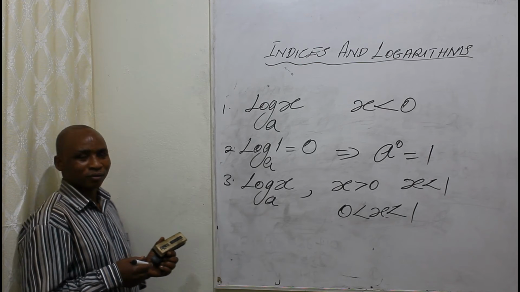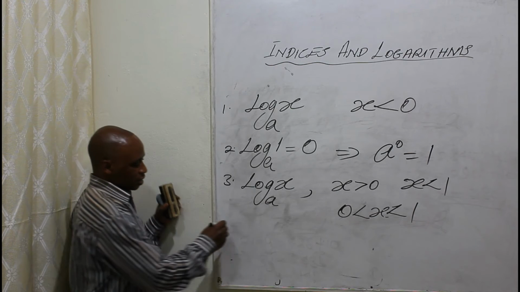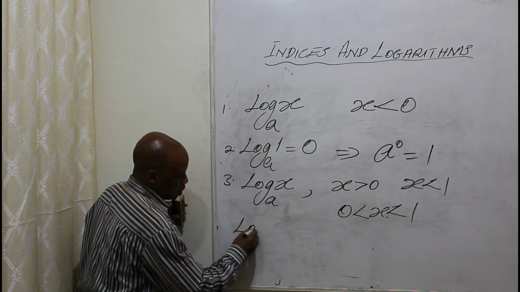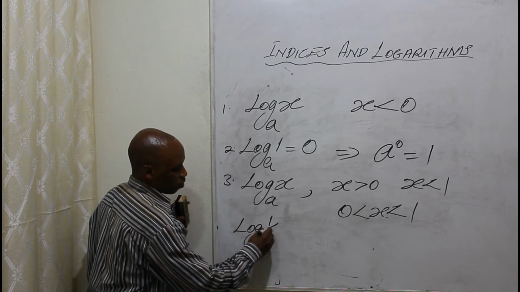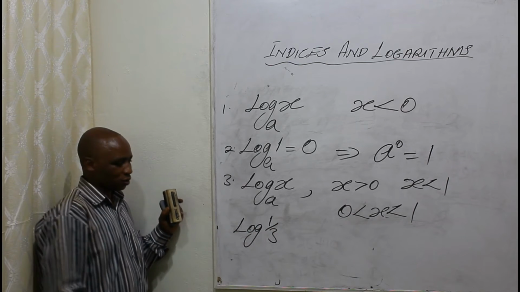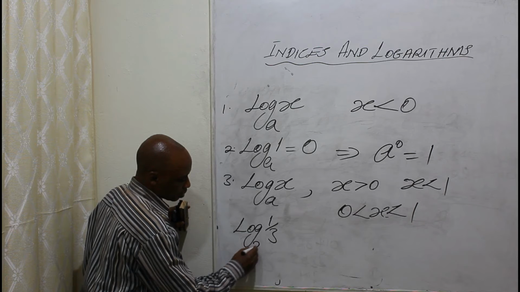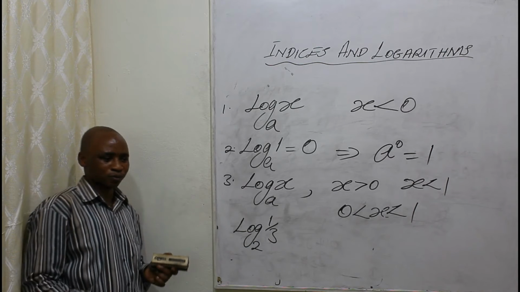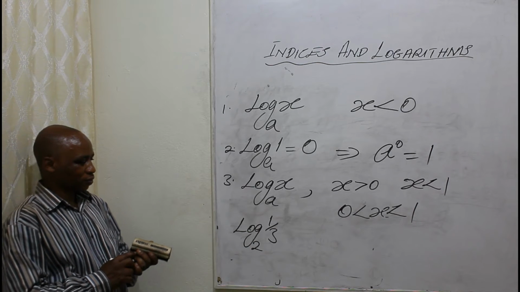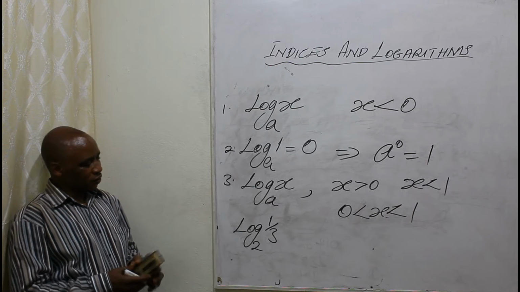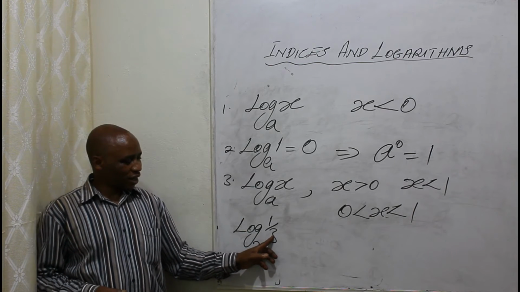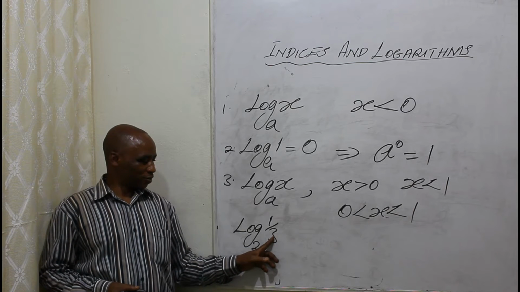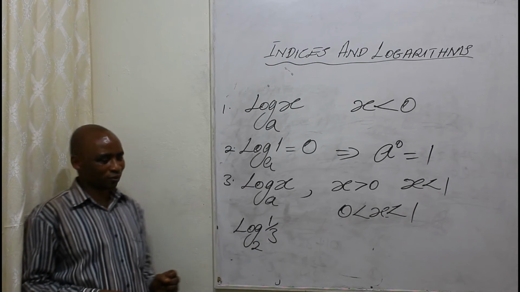Example, let's say you are to find the log of 1/3 to the base 2. You see that 1/3 here is less than 1 but is greater than 0.